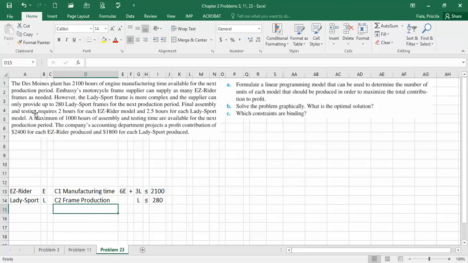Final assembling and testing requires 2 hours for each Easy Rider model and 2.5 hours for each Lady Sport model. A maximum of 1,000 hours of assembly and testing time are available for the next production period. Therefore, right here is your third constraint, which is assembly and testing time, correct?